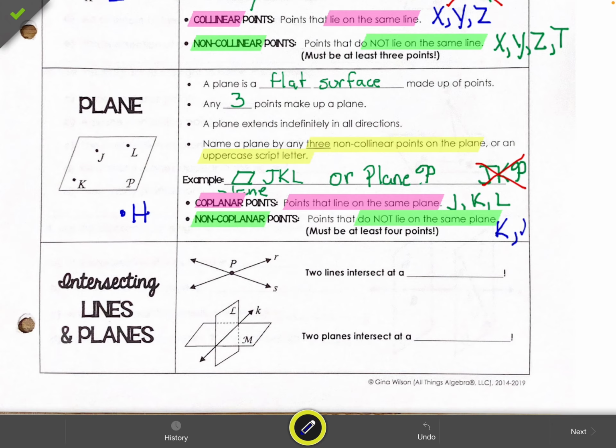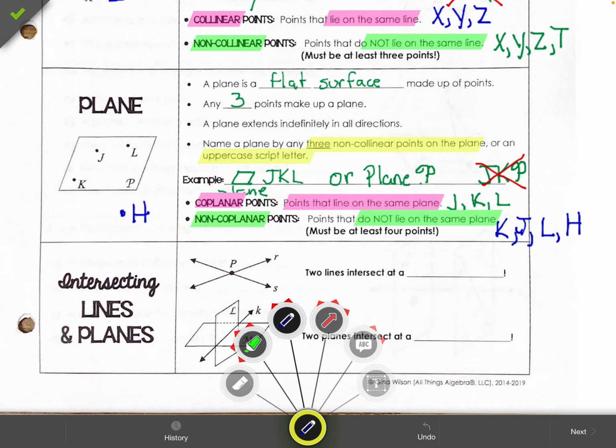It is not actually on the plane. When they say on the plane, okay, if you're looking at a picture, that would mean in that box, inside that box. Okay, and clearly H is not inside the box. So we'd say K, J, L, and H are non-coplanar.